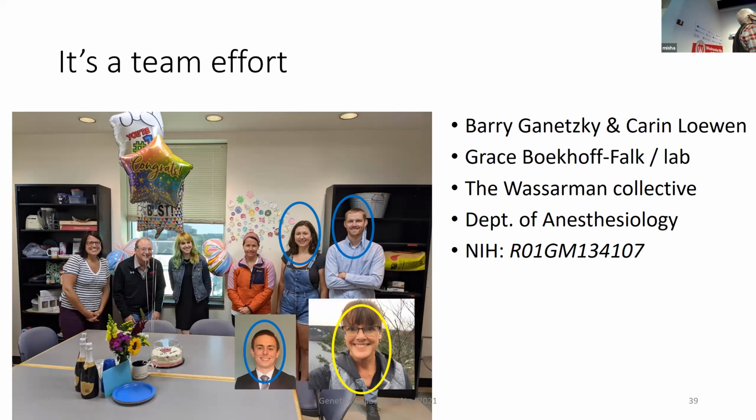And Dina, who joined us in January, is working on the TBI project, which keeps on going in the background. I'm very grateful to these people, without whom it would have been impossible to get anywhere. Barry Ganeski and Karen Leuven, Grace, who participates in our journal club and always gives great suggestions about what kind of experiments to do. Obviously the Wasserman Collective.